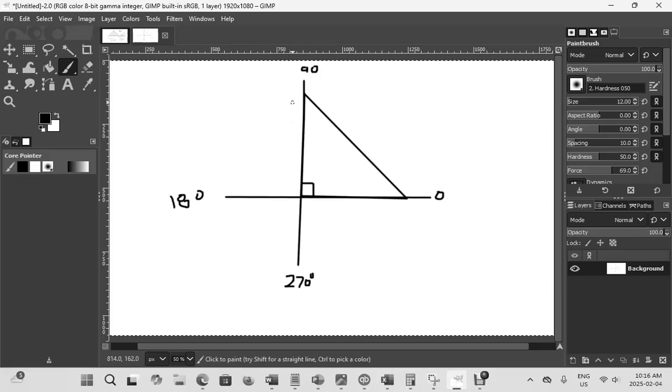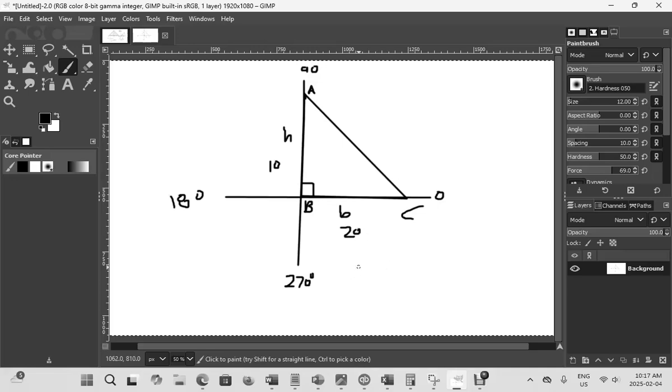So if one of the angles is 90 degrees, we know that this will be our height. Let's say this is point A, point B, and point C. Between point A and B, the line that merges point A with point B will be our height. The line that merges point B with point C will be our base. Let's say this height is 10 feet and this is 20 feet.